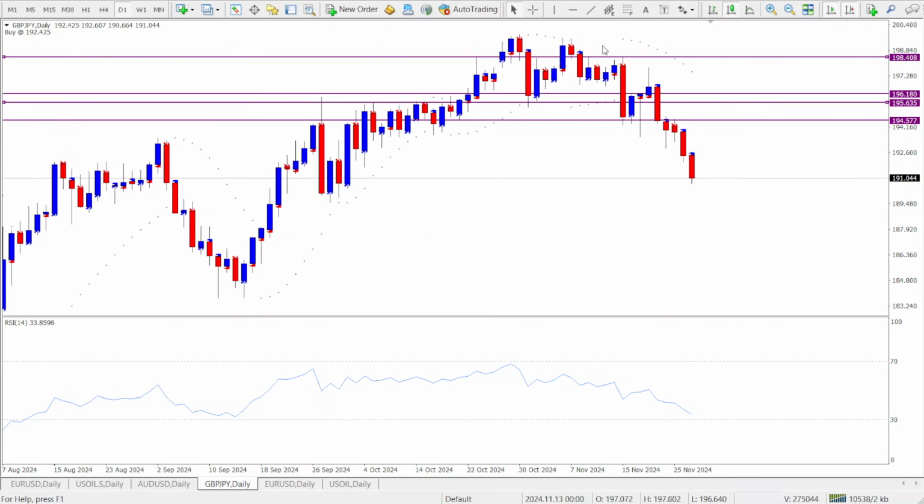Right, the parabolic SAR also is a trend following indicator. It might be a bit challenging to get an indicator that can effectively confirm the signals from the today trend, because today's candle might be sell, tomorrow's candle might be buy, the next day's candle might be buy, the other day's candle might be sell, whereas we are generally in a sell trend.